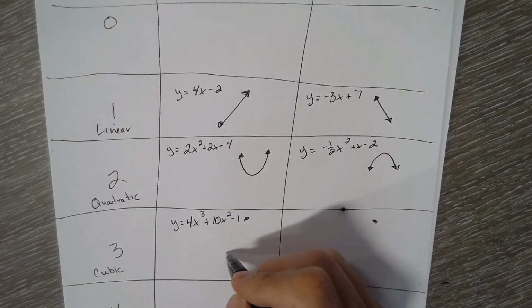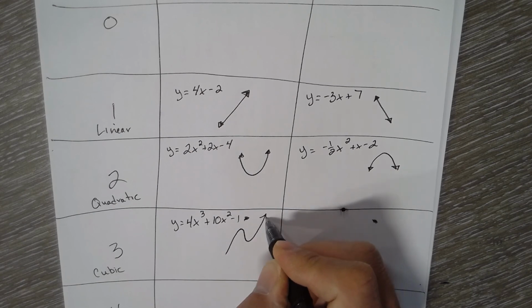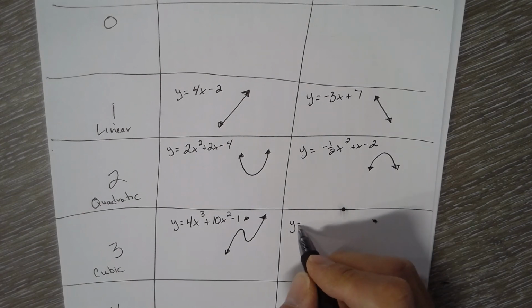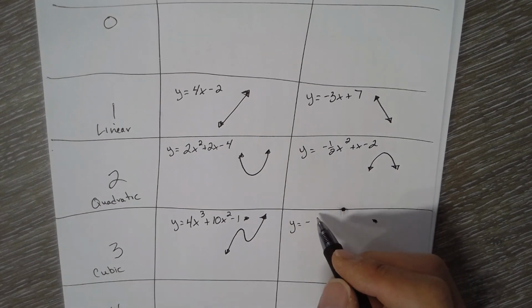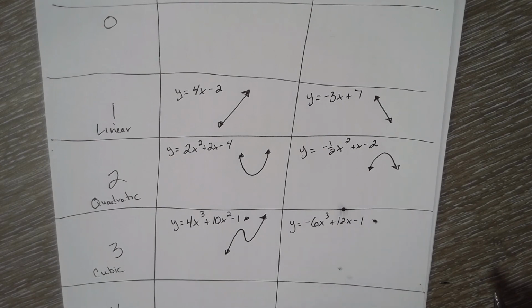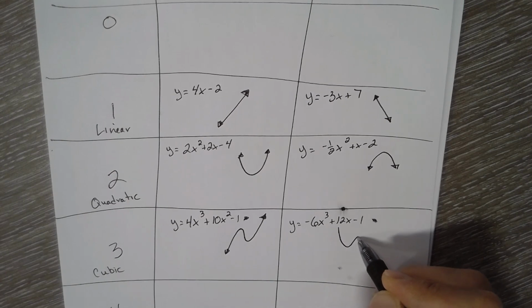The shape is going to go up, like a positive line, but then it might go down and then back up. So that's a positive leading coefficient, third degree. It's third degree because that's the highest exponent. So negative, it's going to look like this, down, up, and back down again.